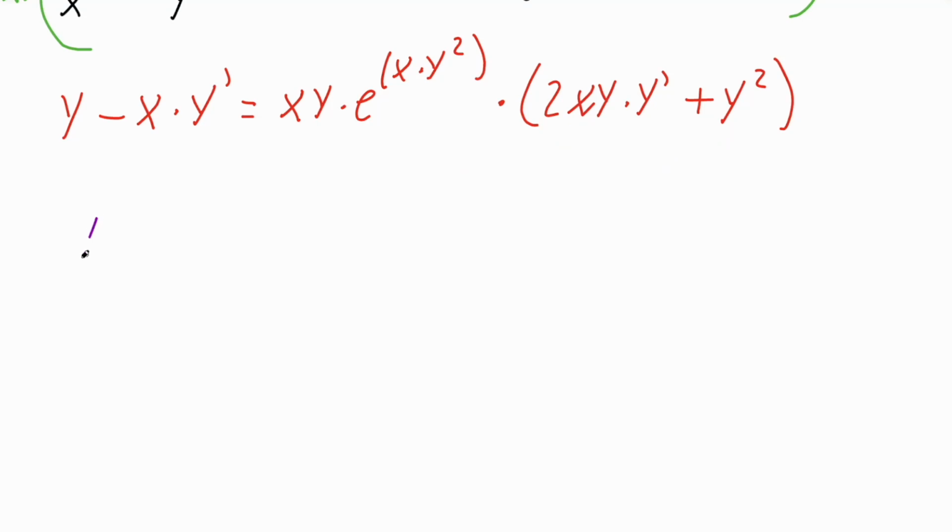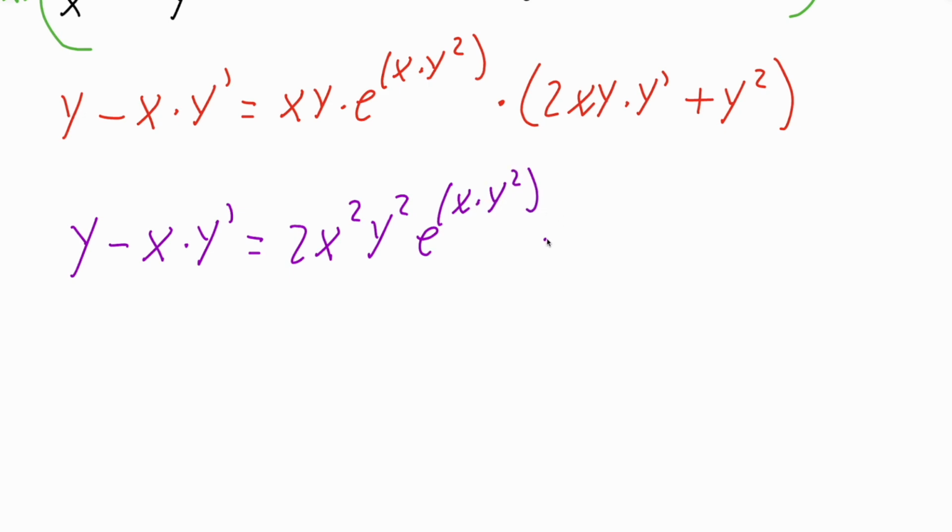So we're going to get y minus x times y prime is equal to, so x times x is x squared, y times y is y squared, so we're going to get 2x squared y squared e raised to x times y squared, close it, times our y prime, plus y squared times y is y cubed, so we get x times y cubed, e raised to x times y squared, close it.